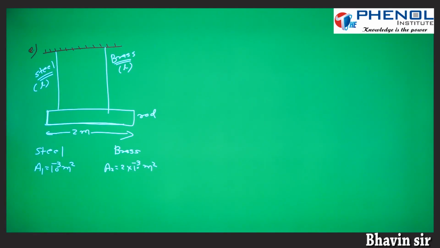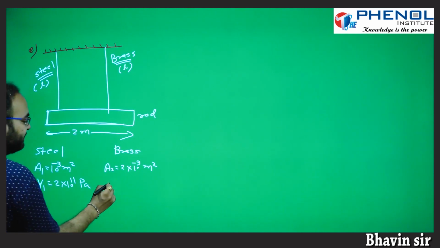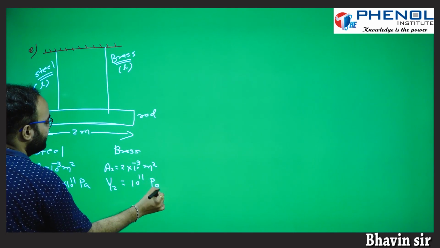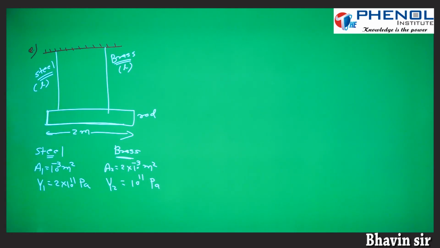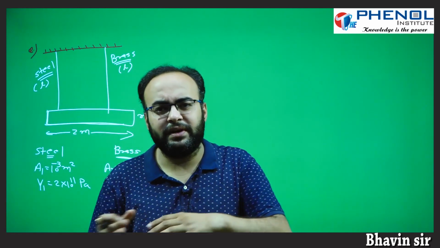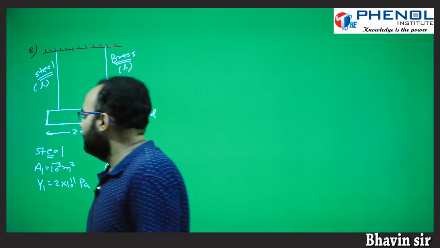Young modulus of the steel wire is 2 into 10 raised to 11 Pascal, and of the brass wire is 10 raised to 11 Pascal. So cross section areas and Young modulus are given.